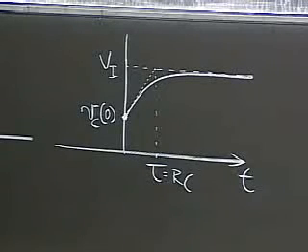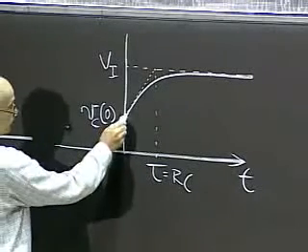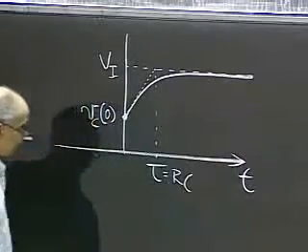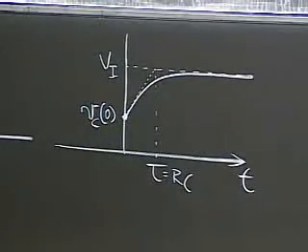So the capacitor starts with some voltage here and goes to a new voltage that is imposed by the input for time greater than 0.